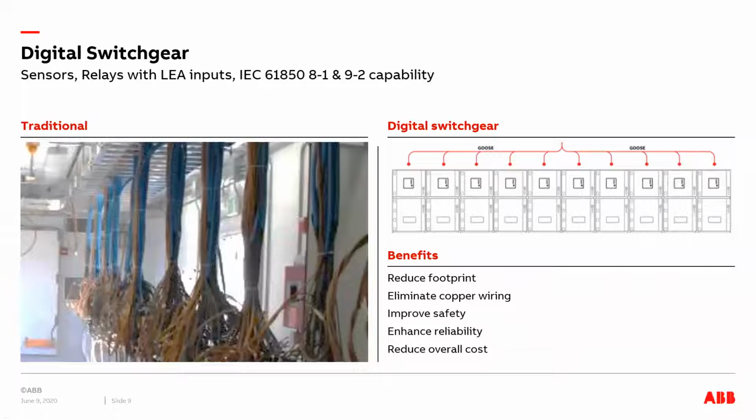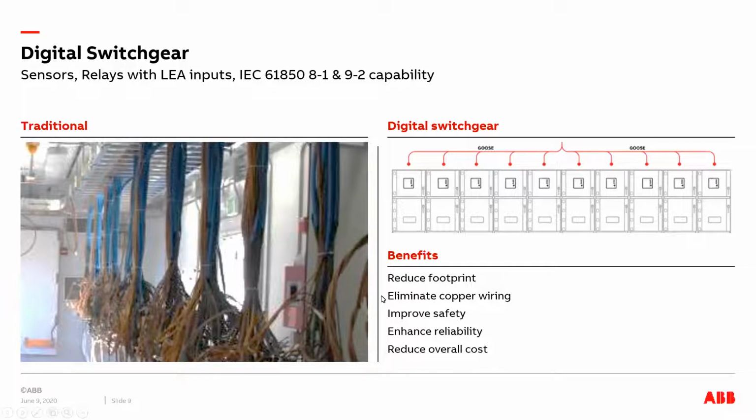Okay, so with respect to traditional switchgear, what are the real benefits achieved by digital switchgear? It of course reduces the footprint because we are probably eliminating a PT compartment in a switchgear, because the sensors are very compact, very small devices, and the overall footprint of the switchgear can be reduced, and it eliminates a lot of copper wiring.